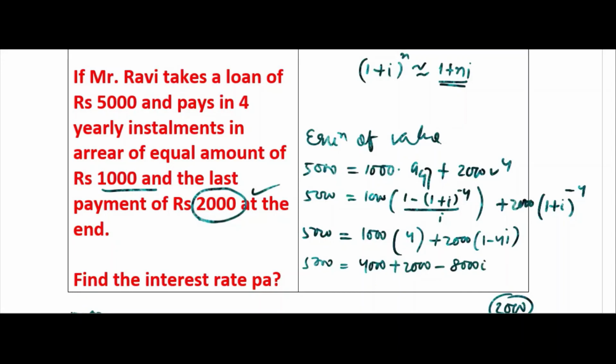So 8000i will be 1000, i will be 1 divided by 8, so 0.125. i is around 12.5%, so you can try around 12.5%.